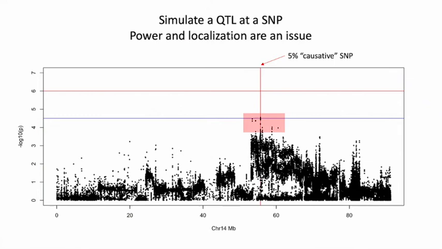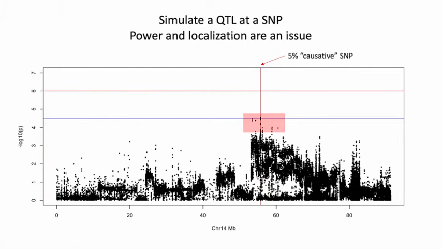So I can also go all Robert on the data, and I can take our 17 million SNPs and make one of the SNPs a QTL that accounts for 5% of the variation in a fake character, and then I can rerun the scan.